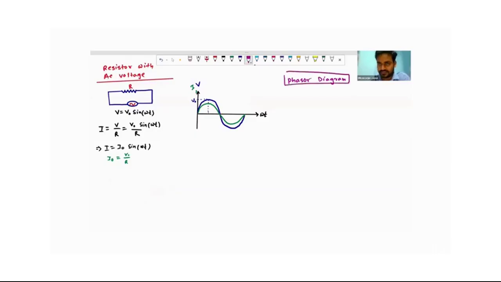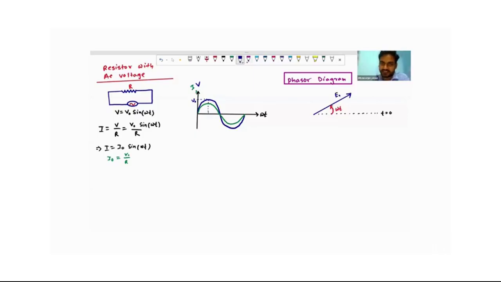Suppose this is an initial line, which represents the phase direction when time is 0. After some time t, let's say the voltage is oriented in this direction. So this angle will be omega t, and this is the amplitude of the voltage source, E naught.